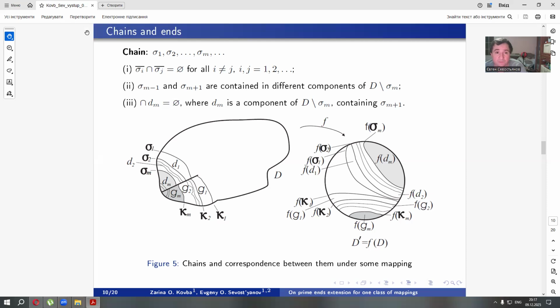In this picture, we also have the definition of the chain of cuts. The sequence of cuts forms the chain if the conditions I1, I2, and I3 hold.